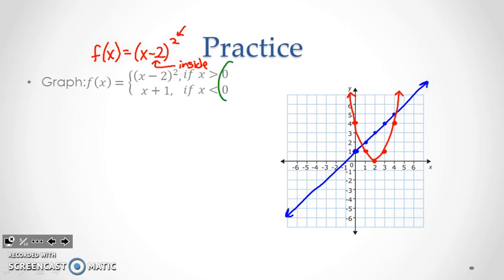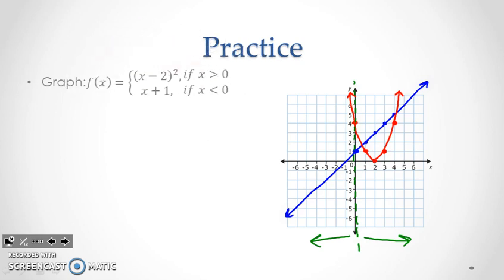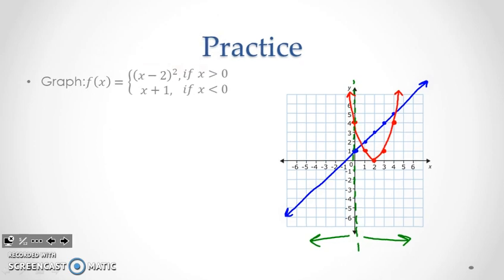Now I need to identify my split point. My split point is 0. So I'm going to draw a nice little dashed line. And then I need to ask myself, on this side, what function do I want? And on this side, what function do I want? Well, let me look at the right first. That right side would be my values that are greater than 0, right? 1, 2, and 3 are greater than 0.